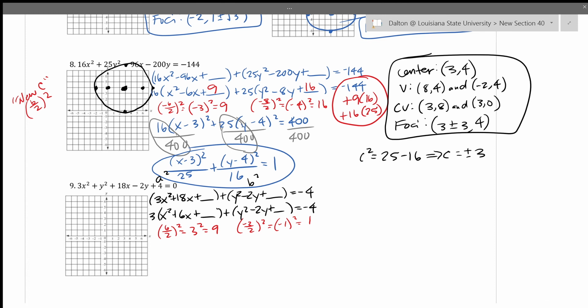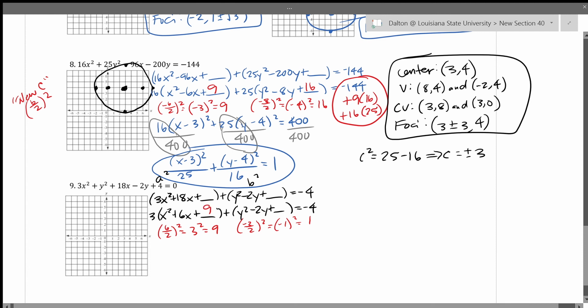When I add 9 here, I'm technically not just adding 9. There's a 3 being distributed on the outside. So to the right-hand side, I need to add 9 times 3. Now, when I add 1 to the y's, there's no number on the outside of that trinomial that's being distributed in. So that one really is just legit adding 1. So then all of this is what you're going to be adding on the right-hand side.